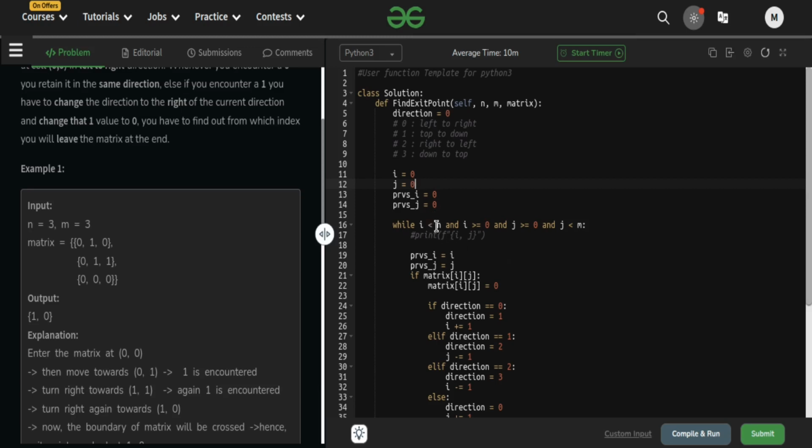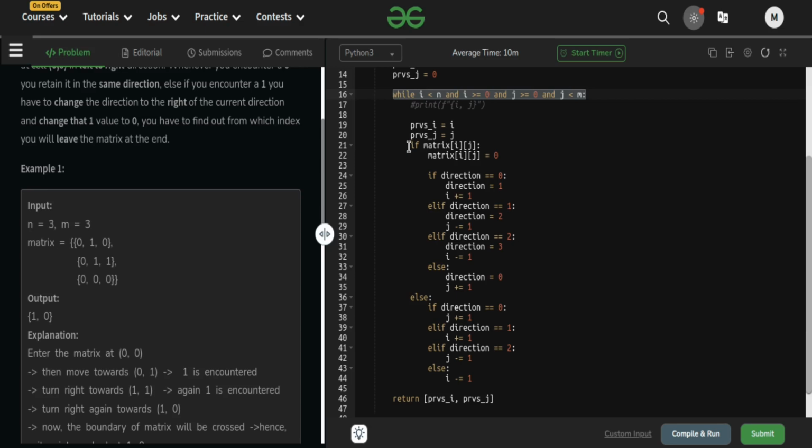Now what I am doing is iterating on i and j till i and j are within the boundaries mentioned in the question. If the current element of the matrix is 1, in which case I need to change the direction, and before changing the direction I also have to update it to 0. So I updated it to 0 and then we are changing the direction as we have discussed.